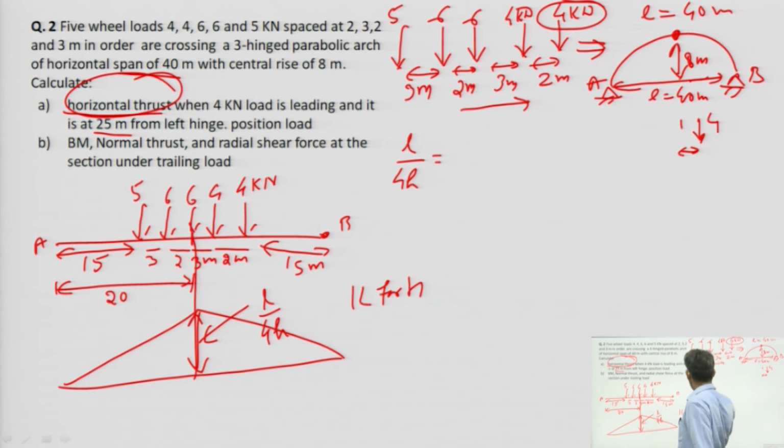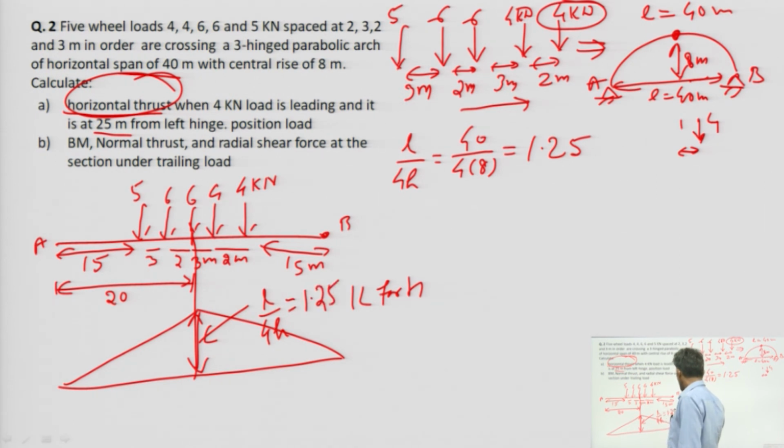L is 40 here, divided by 4, and the value of H is 8. So, it is 40 by 8... 40 divided by 32, it is 1.25. So, this ordinate is 1.25.